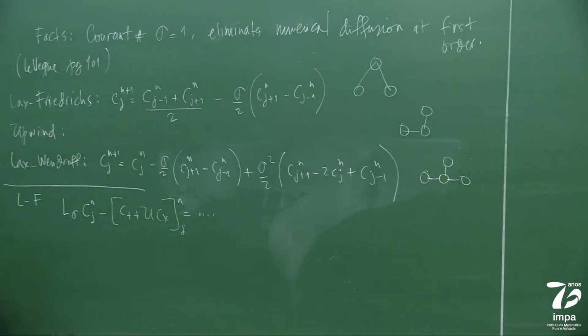It is equal to something. I'm not going to write in detail. So this is the Lax-Friedrichs operator depending on the Courant number. This equation, and here's the modified equation. So we get, and this is the important thing.